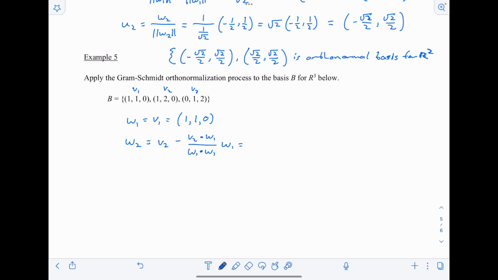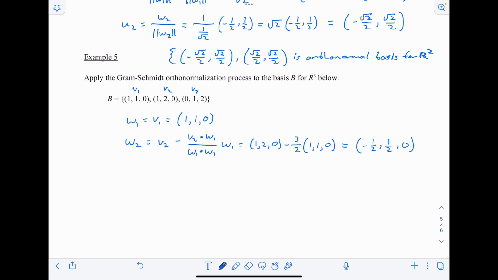So V2 is 1, 2, 0 minus the dot product of V2 and W1, which is 1 plus 2 plus 0 is 3. The dot product of W1 and W1 is 1 plus 1 or 2, and that gets multiplied by W1, which is 1, 1, 0. So we'd have 1 minus 3 halves is negative 1 half. 2 minus 3 halves is a positive 1 half. And then 0 minus 0 is 0.